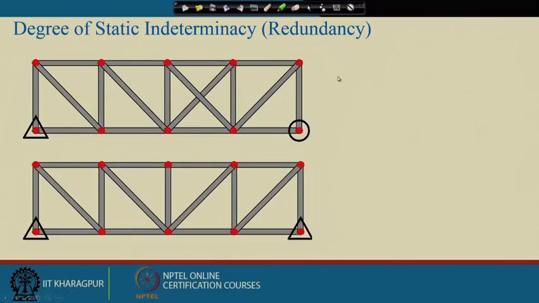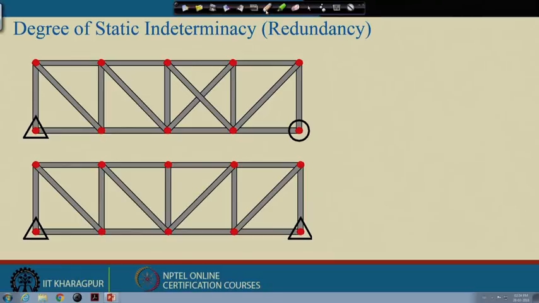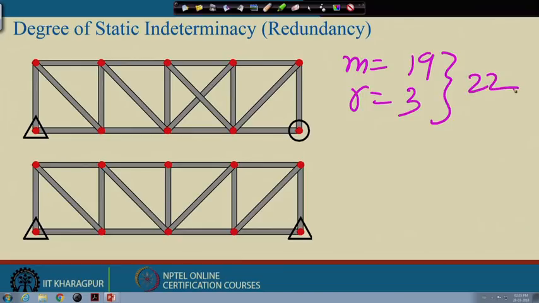Now, take this example. There are two examples. For the first one, the number of members is 1, 2, 3, 4, 5, 6, 7, 8, 9, 10, 11, 13, 14, 15, 16, 17, 18, 19. The number of members is 19. The number of reactions is 3. So, the total unknown M plus R is 22.